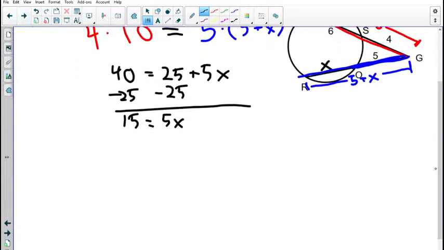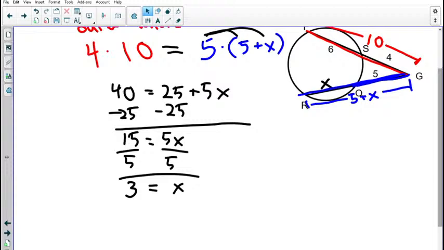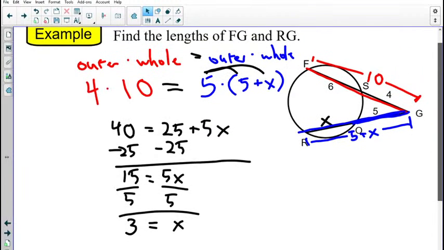Then we divide by 5, and when we do that, we get 3 for x. So that means that the whole segment is 8.